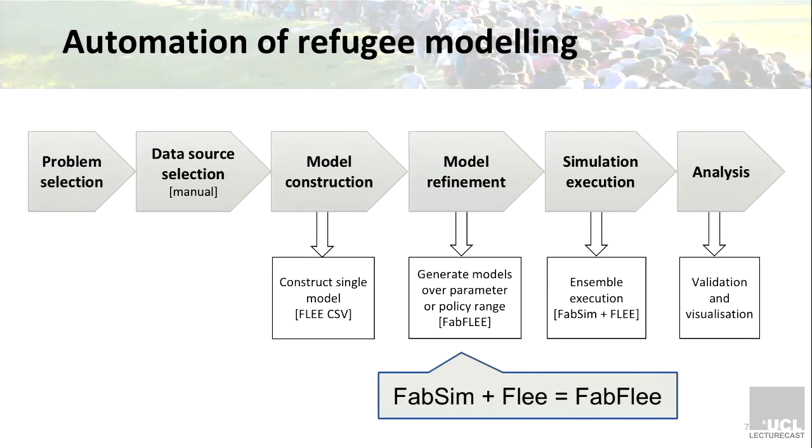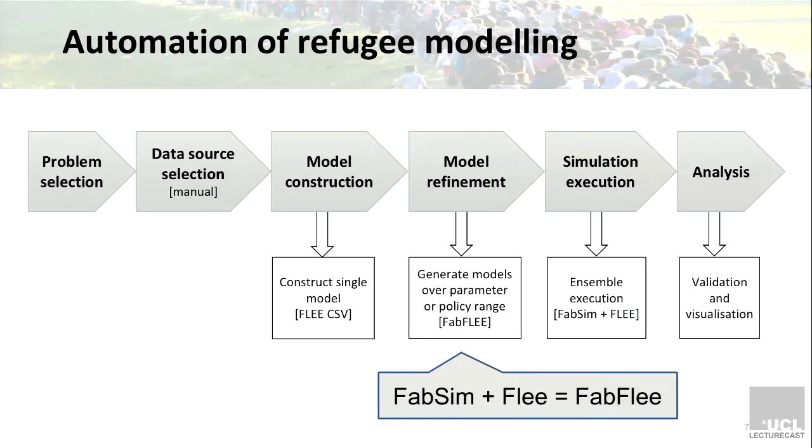So far, data source selection is manual, but we are able to construct CSV files. I'll talk more about it, and then it's more automated, semi-automated at the moment. We have model construction. As I mentioned earlier, we construct a single model, and then we have model refinement.